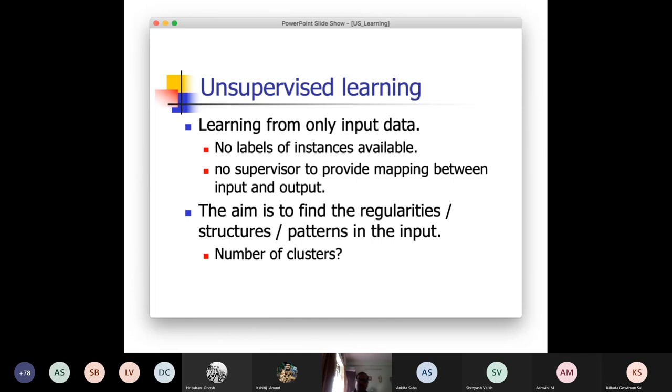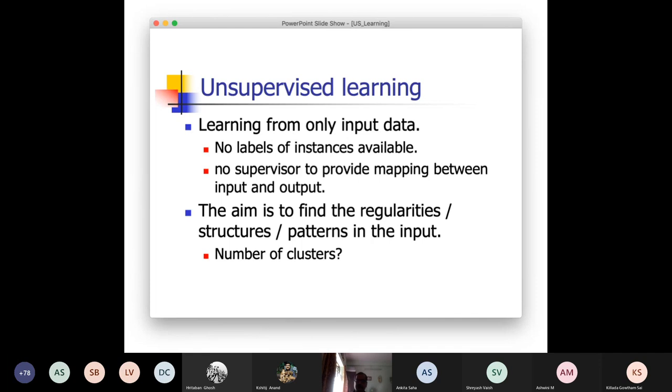There are, of course, various questions that arise in unsupervised learning. When you do not have any such information, what is the starting point? For example, if I ask you to find the groups, what should be the number of groups?